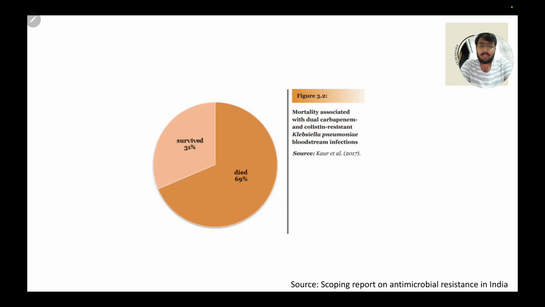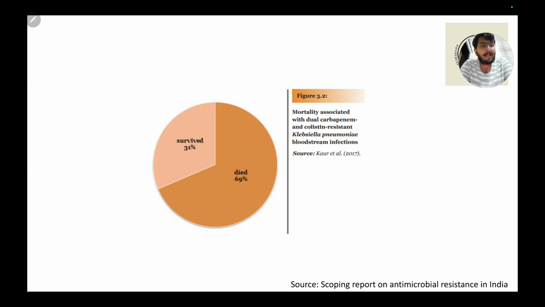This graph is a disturbing one because it shows us that when Klebsiella pneumoniae, which is resistant to colistin or carbapenem, is causing an infection, and that too a bloodstream based infection, around 69% of patients lost their lives because we did not have alternatives to treat these patients effectively.